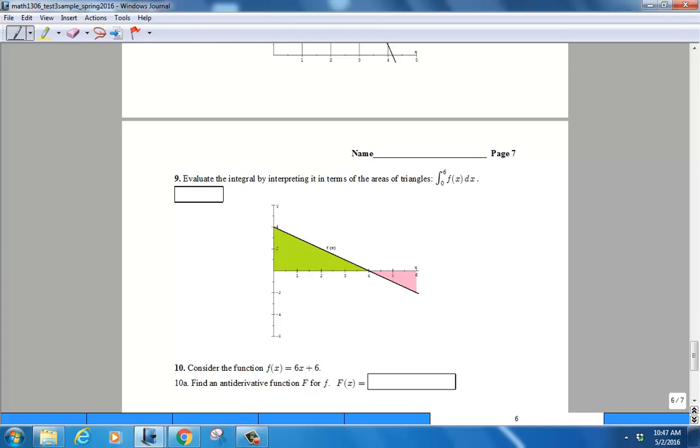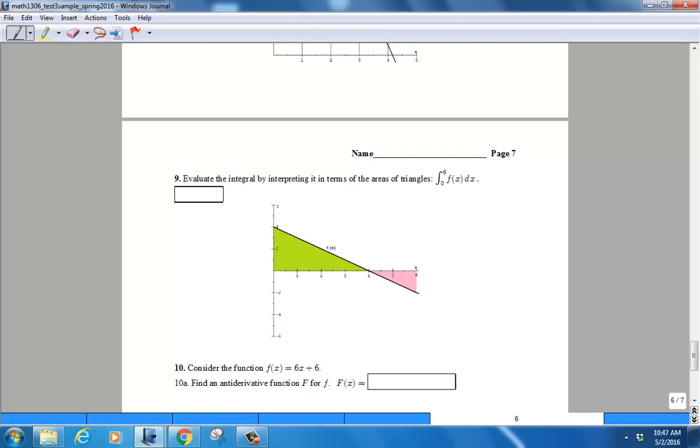So these two problems, 10 and 11, will not be on test number 3, but problems like those will be on the final exam. But a problem like this could be on test number 3. This is an integration problem, but it's a really easy one, because this curve is very simple, and you can calculate this one just using your knowledge of geometry.